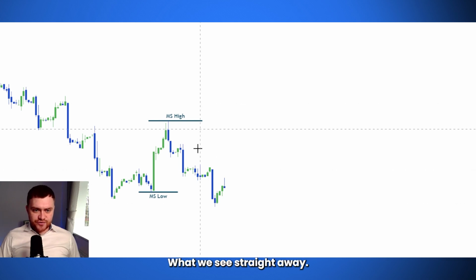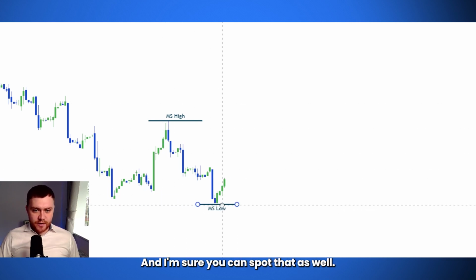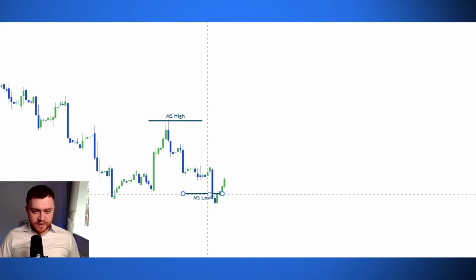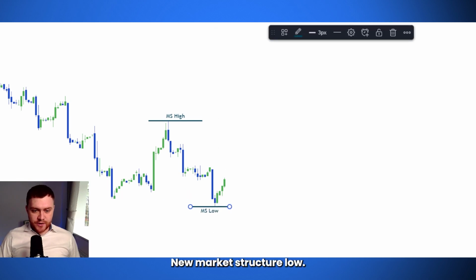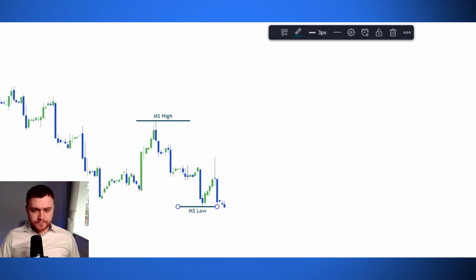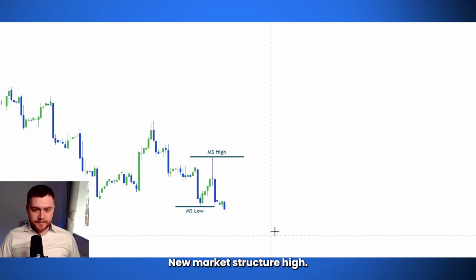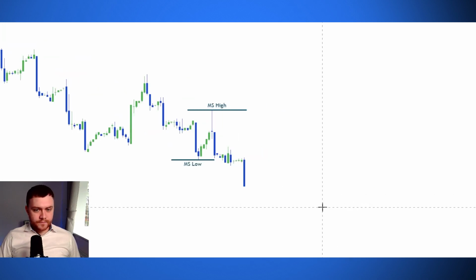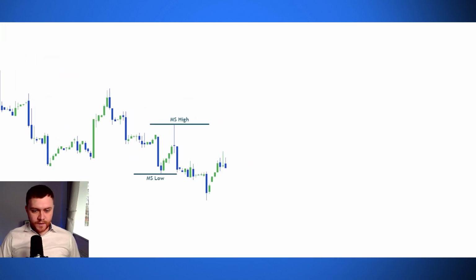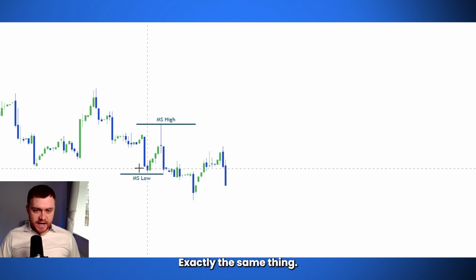Okay, what we see straight away, and I'm sure you can spot that as well, we've had that break of structure here. New market structure low, new market structure high, exactly the same thing.